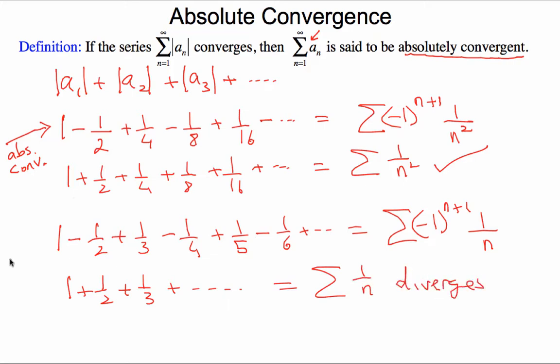So, this is a series that is not absolutely convergent. Actually, this series converges. If you add up all these terms, it does go to a limit, but it is not absolutely convergent, meaning that if you take the magnitudes, you remove the minus signs, you just add them together, then that sum diverges.